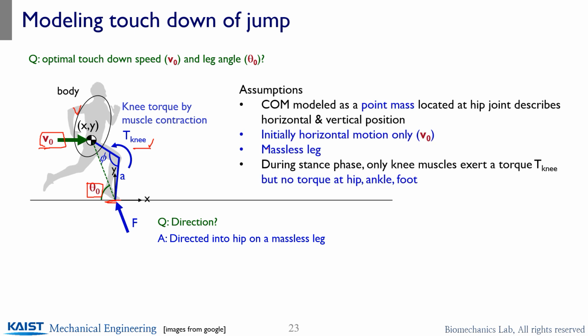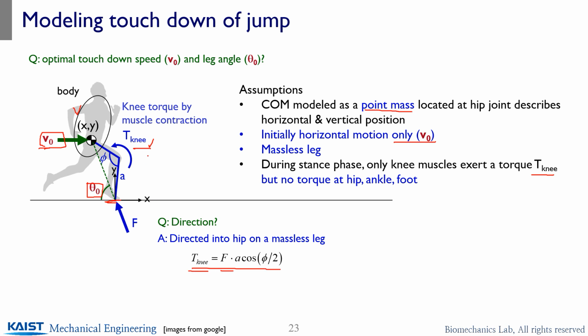So the assumptions again here are that we are going to do the point mass approach, with only horizontal motion, horizontal speed. Of course, in reality there is some vertical component, but we assume only horizontal, a massless leg, and only knee torques applied. With those assumptions, we can formulate the relationship between the knee torque and the ground reaction force.